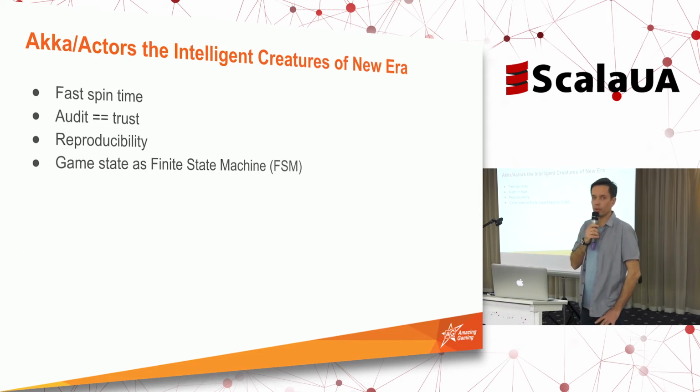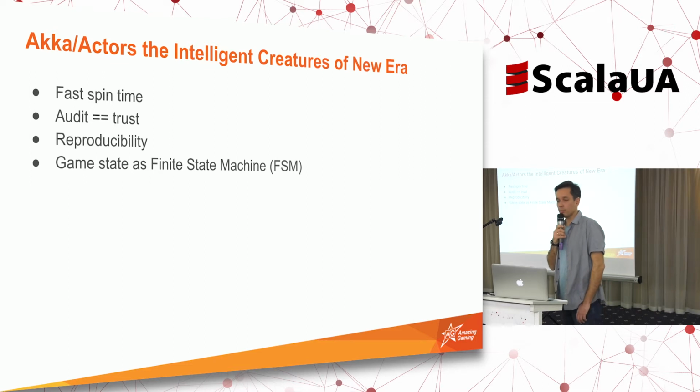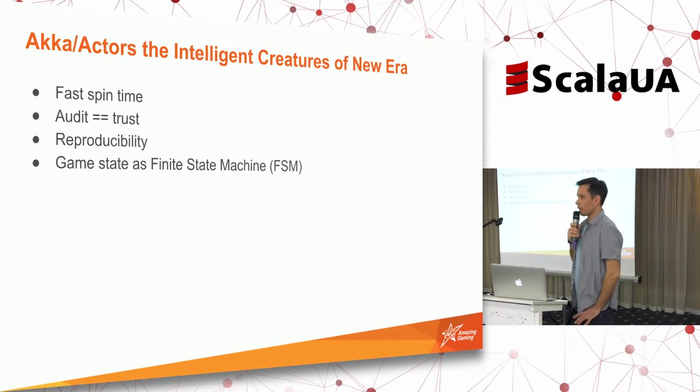We have evaluated a couple of them, like Eventuate, for example, but frankly speaking, Akka was love at first sight. Since the moment when we encountered it on the Coursera reactive programming course, it seemed to have all the components that we needed for fast and reliable spins.